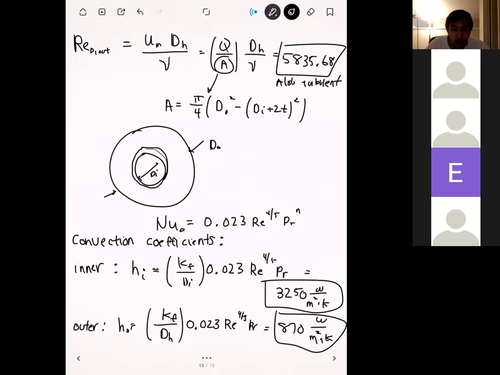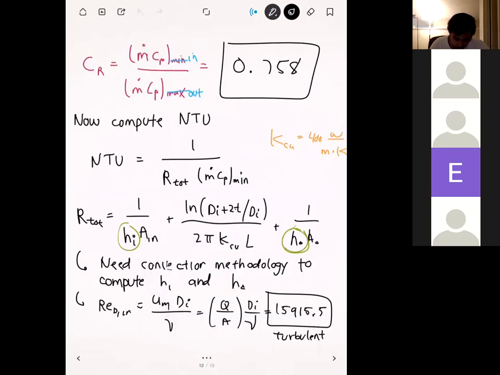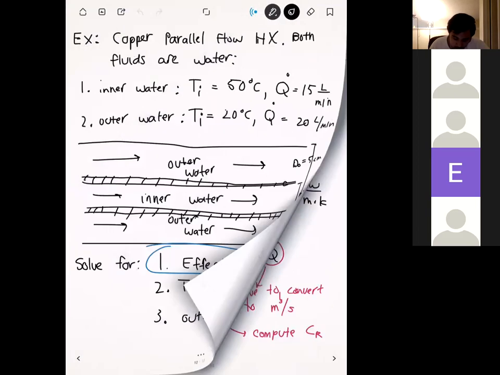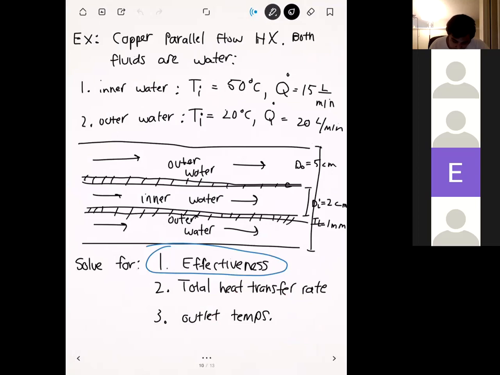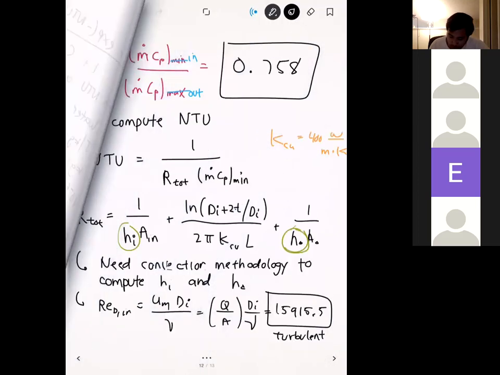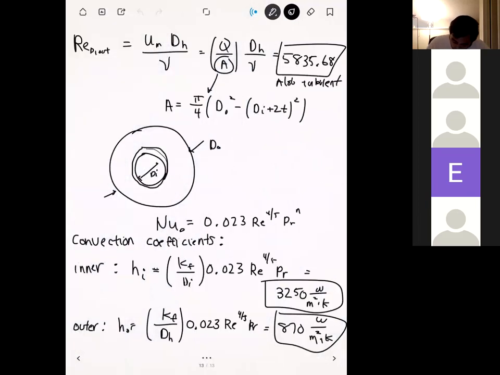For the inner one, I think the inner one's being cooled, right? Yes, the inner one's being cooled. And so we're going to use an exponent here of 0.3. And then for the outer one, we have an exponent of 0.4. Thanks for catching that. I totally missed that in that example.